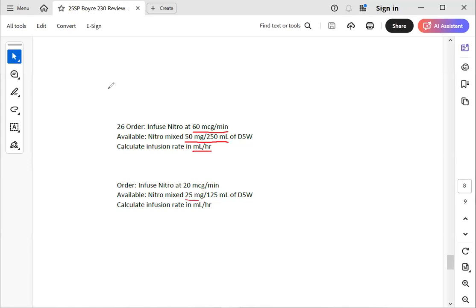I know that some people are hung up on how they learned dimensional analysis way back when. And there's certain strategies like putting the ML first and then calculating from there. I just like to always start with the order and then just work from there, but it's completely up to you. So I am going to start with the order. I'm going to take my 60 micrograms per minute.